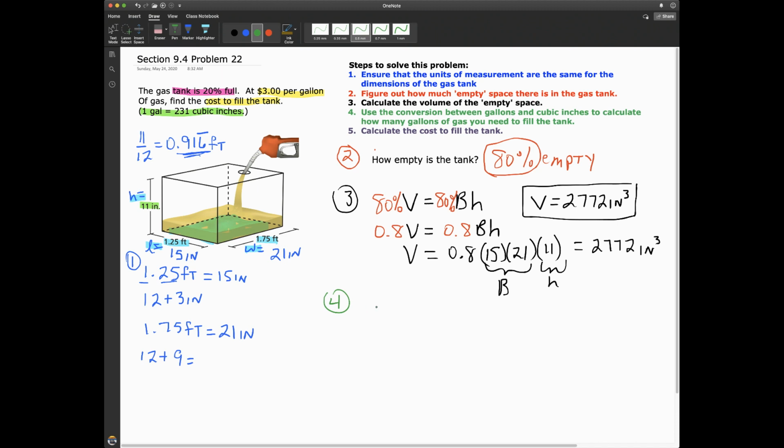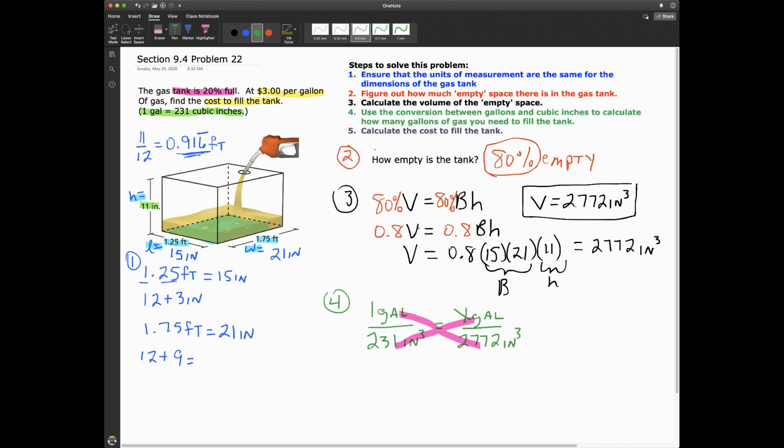If I know that 1 gallon of gas takes up 231 cubic inches of space, then how many gallons of gas take up 2,772 cubic inches of space? We can use one of our friendly tools that we used before, the cross products property.